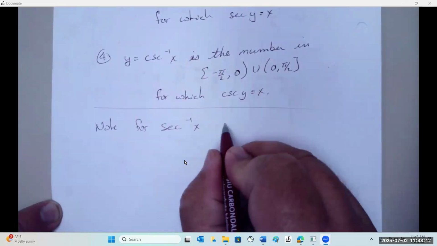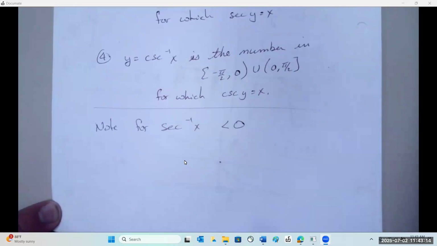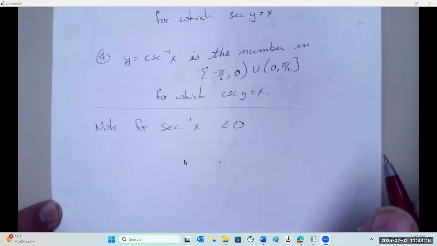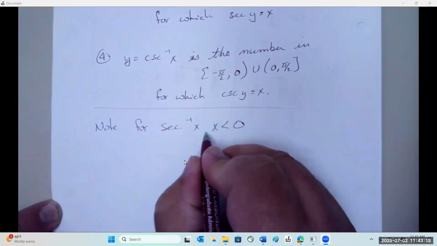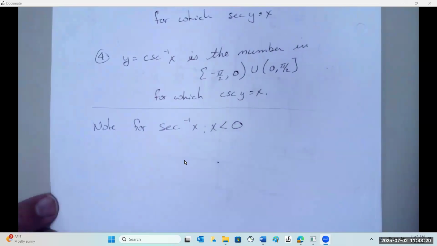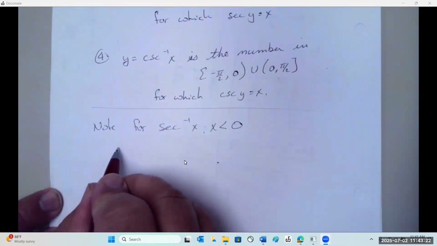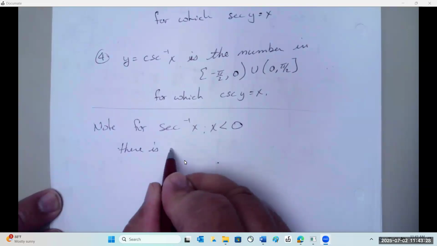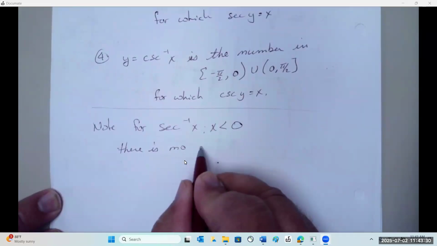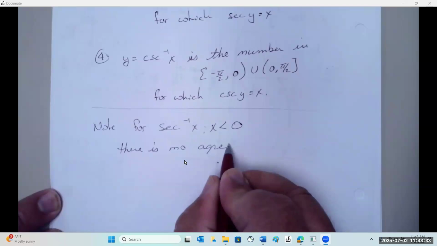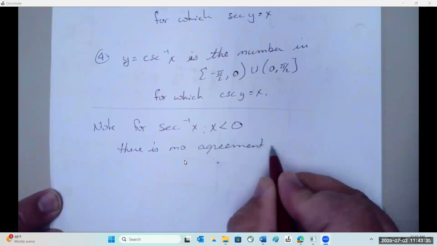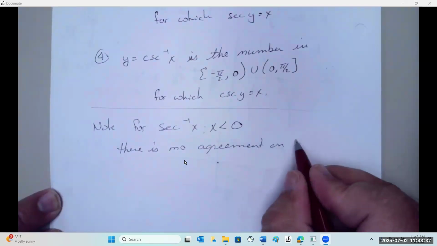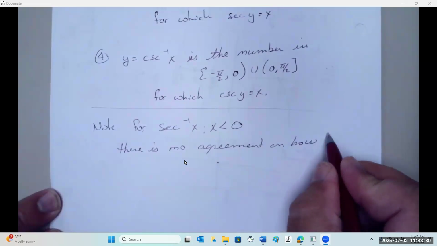For x less than 0, for negative values, there is no agreement on how to define it.